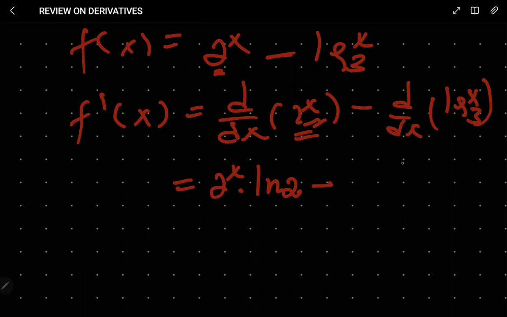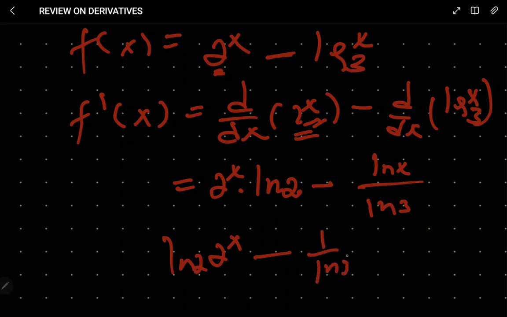We have already discussed that above. You can write log of x to the base 3 as ln of x over ln of 3. So this one is ln 2 times 2 to the power of x minus, and you can take 1 over ln 3 common. Then what is the derivative of ln x? That is 1 over x.